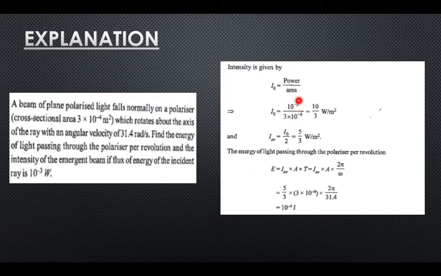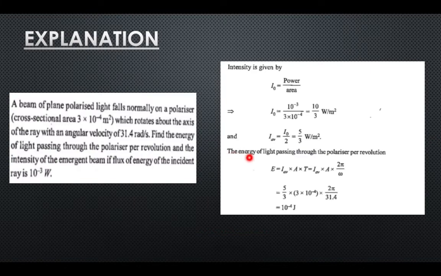The power is given in the question, and the area is also given, which comes out to be 10 by 3 watts per meter square. And I average, which we calculated in the first part of the explanation, comes out to be 5 by 3 watts per meter square on substituting the values.